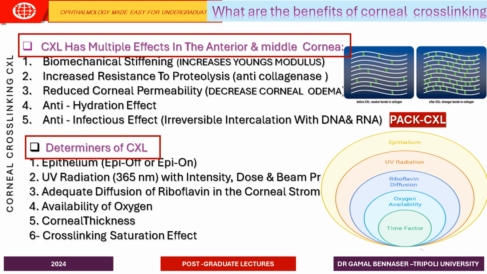So we will dive deeply in this lecture and speak in detail about the determinants of successful cross-linking, and we will see how we can improve the efficacy of cross-linking by modifying these variables.